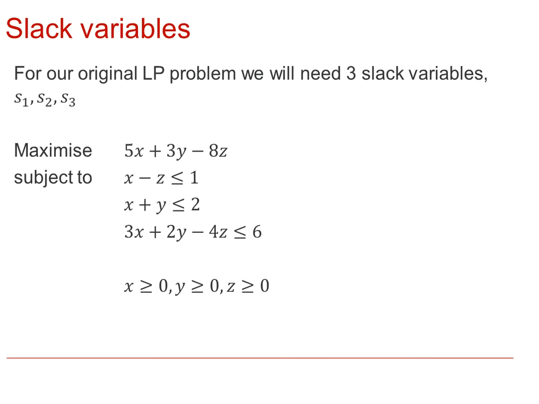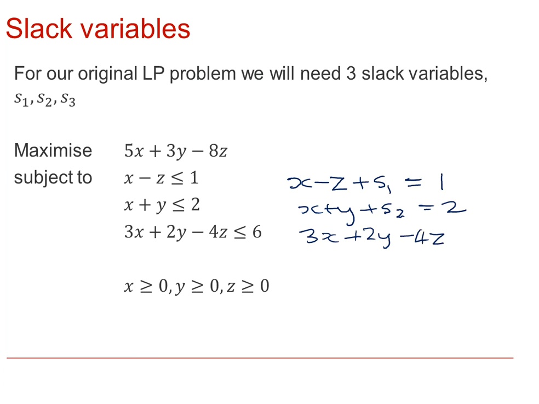Introducing 3 new slack variables means that we could write these as x minus z plus s1 equal to 1, x plus y plus s2 equal to 2, and 3x plus 2y minus 4z plus s3 equal to 6.